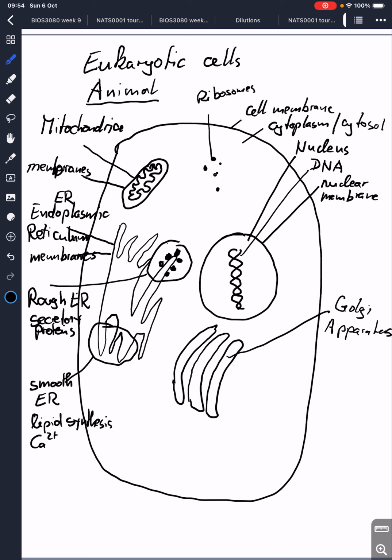Again, we've got membranes, phospholipid membranes, forming these stacks, and the Golgi apparatus is responsible for the control, modification, and sorting of proteins. So it basically tells the proteins where they need to go.